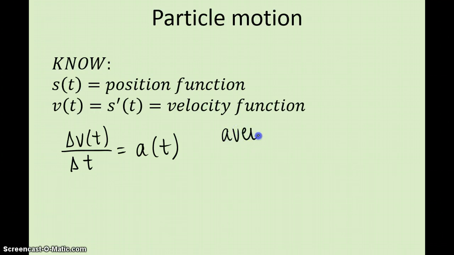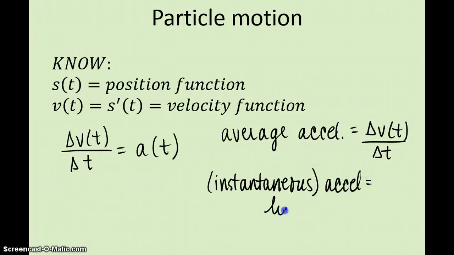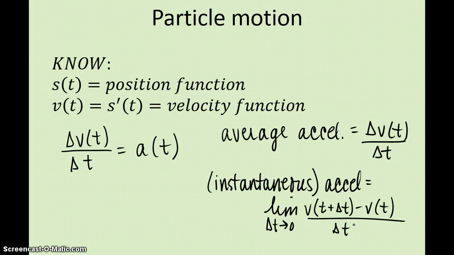So we can find any average rate of change. The average acceleration is the change in velocity with respect to time. The instantaneous acceleration is when we have to take the limit as the change in time approaches 0: v of t plus delta t minus the velocity, all over delta t.